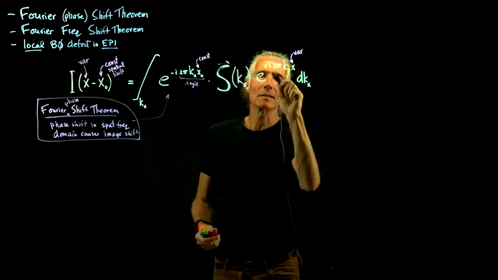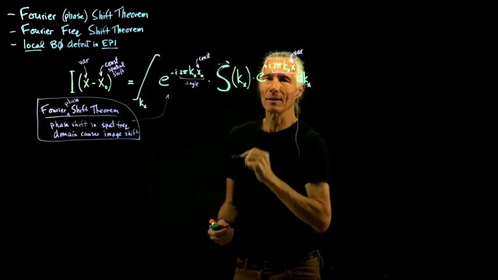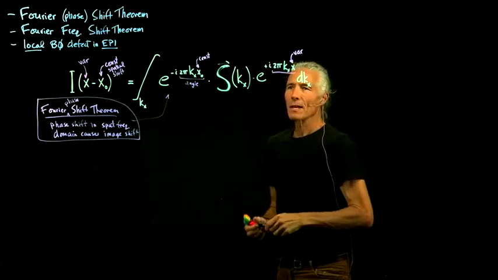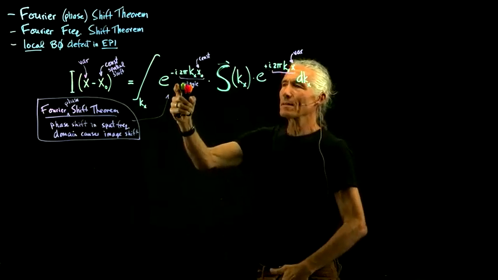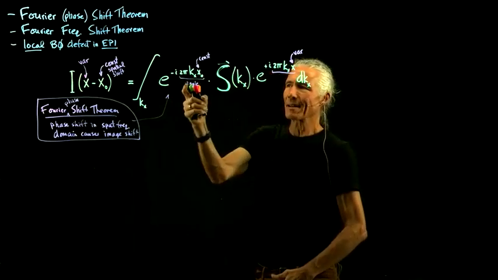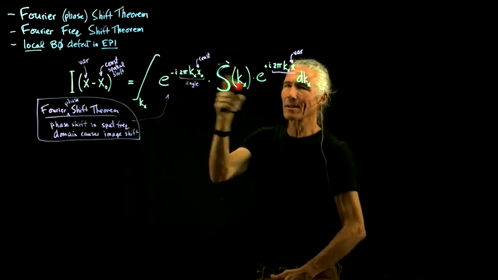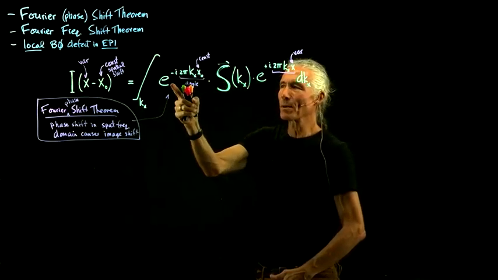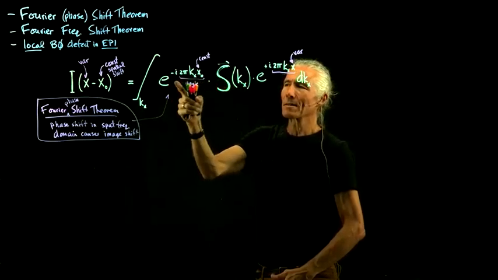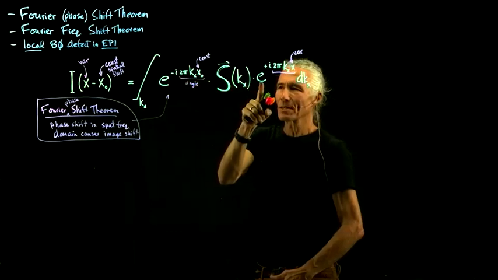We can incorporate that angle into this one, because when we multiply two exponentials, that's equivalent to adding their exponents.